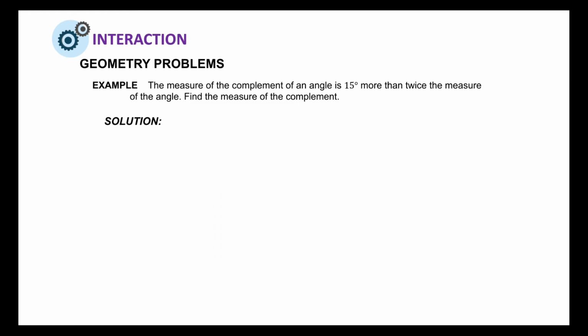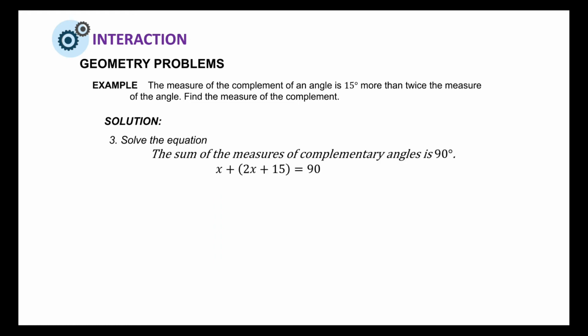Step 3. Solve the equation. Using the subtraction property of equality, SPE, we subtract 15 on both sides of the equation. So our equation now is x plus 2x equals 90 minus 15.